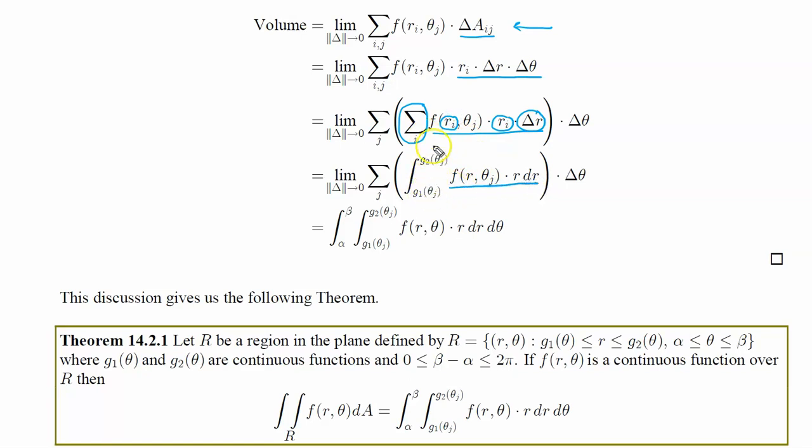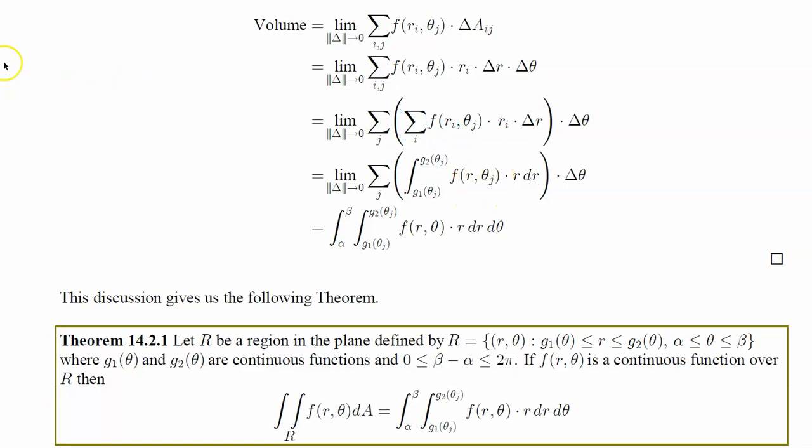Now our limits of integration, if you think of fixing the theta sub j, then the r will vary from g1 of theta j up to g2 of theta sub j, right? Let's just take a look at that picture quickly.